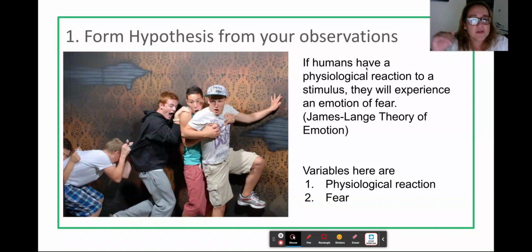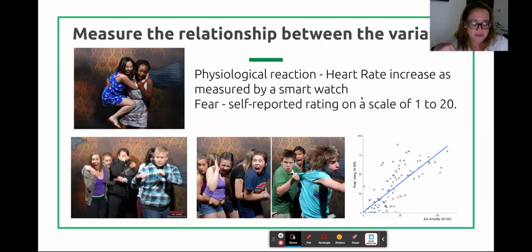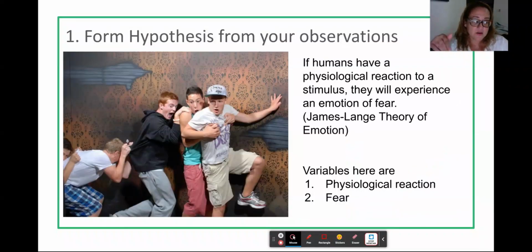If humans have a physiological reaction to a stimulus, something scares them, then they're going to experience an emotion of fear. That is actually a theory that we will learn about in emotions. Then they'll tell you the variables they're going to be measuring. In this instance, the variables are the physiological reaction and the fear.